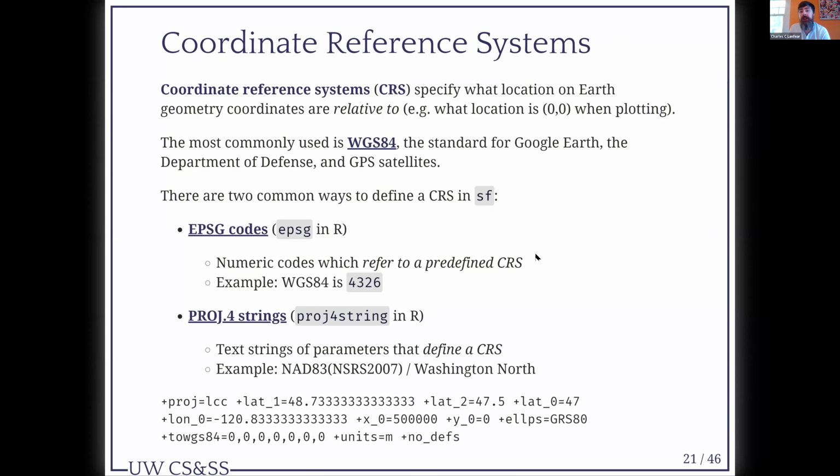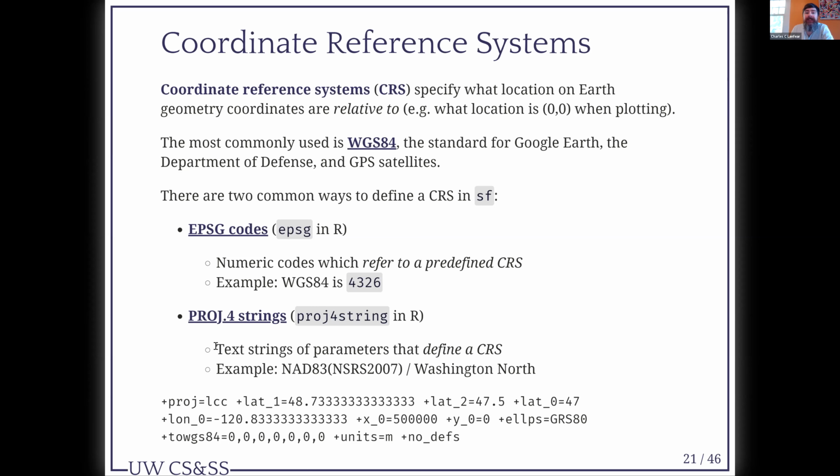The other way you can define a projection or a CRS in R is using proj4 strings. Proj is basically a software utility for converting coordinate reference systems to one another. The proj4 string is a way to tell proj how to do these conversions.